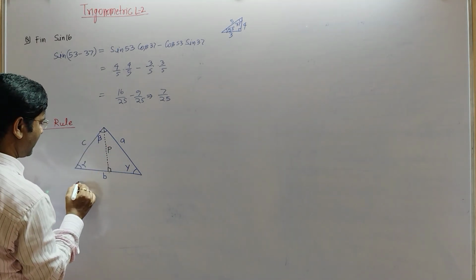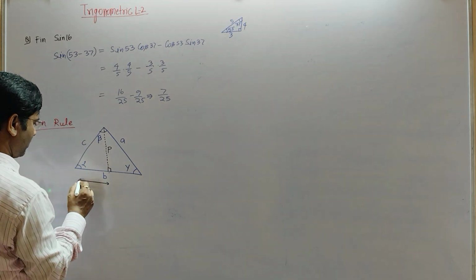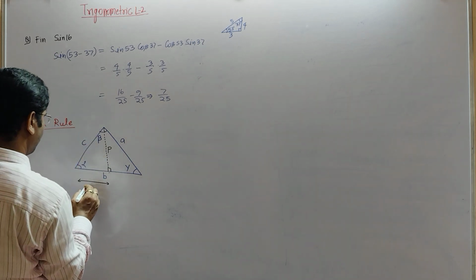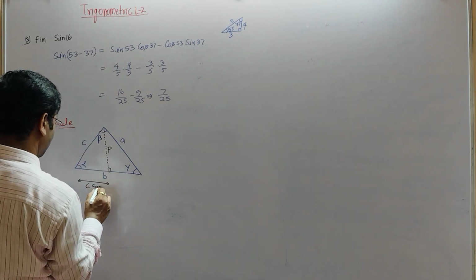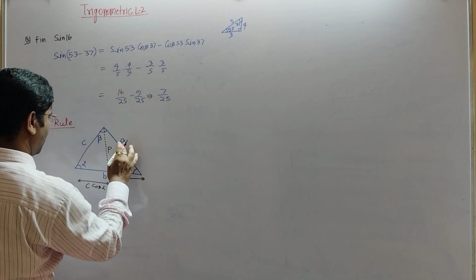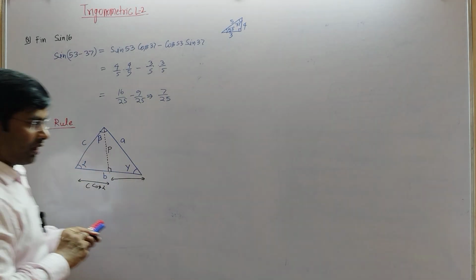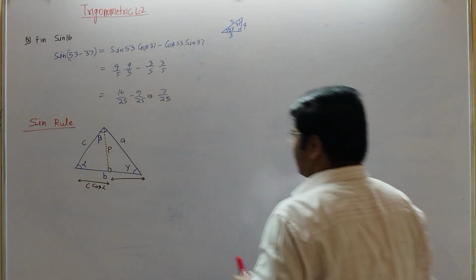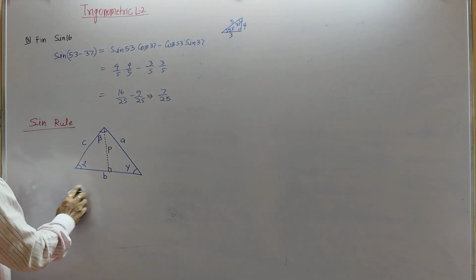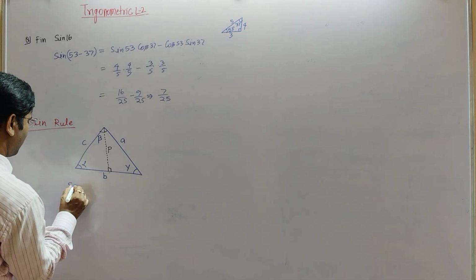So what would be this value? This value is c cos alpha, we can say. I want to relate sine here, so let me write sine alpha.